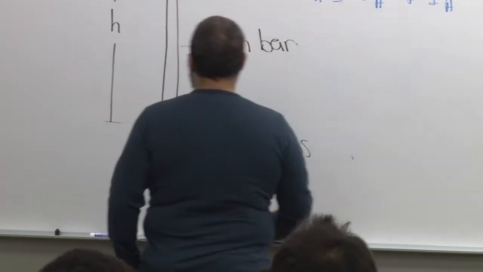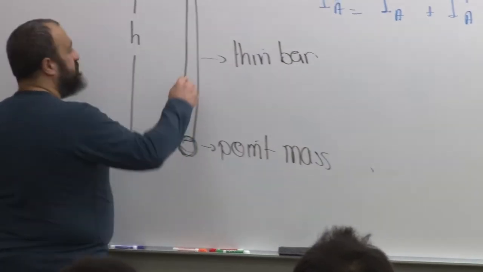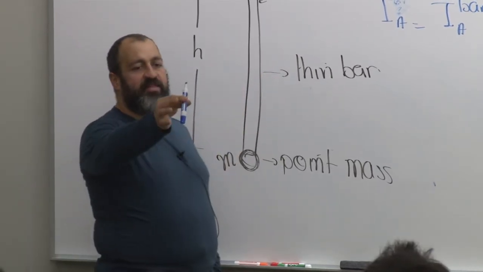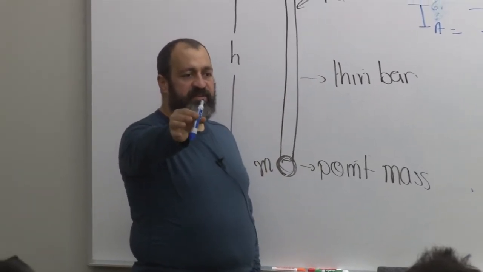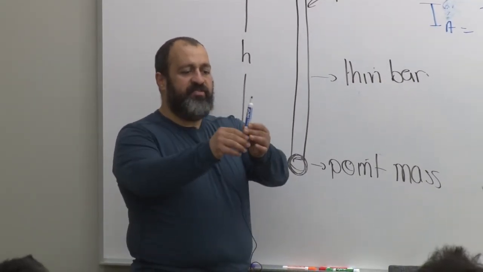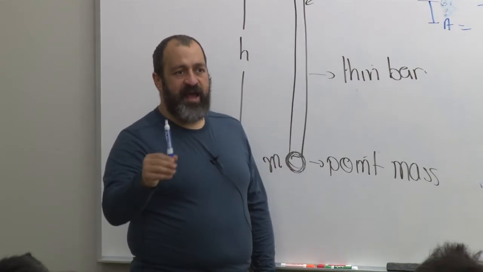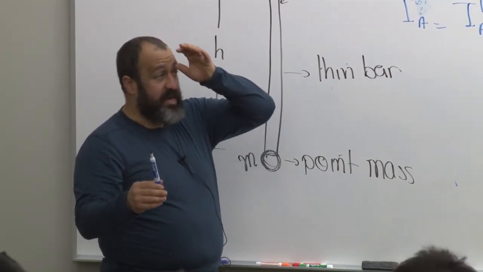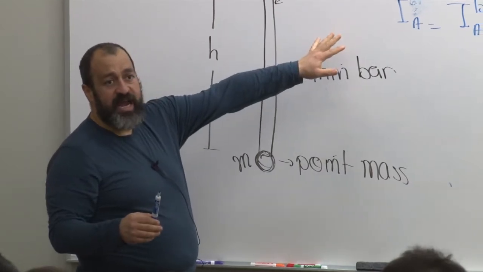I'm not going to go through it again, but we had that the moment of inertia of a bar about a center of mass was given as 1/12 ml squared. And when you calculate it about the end, we used the parallel axis theorem. I'm quoting the stuff that we did last week. I'm not going to derive it again.